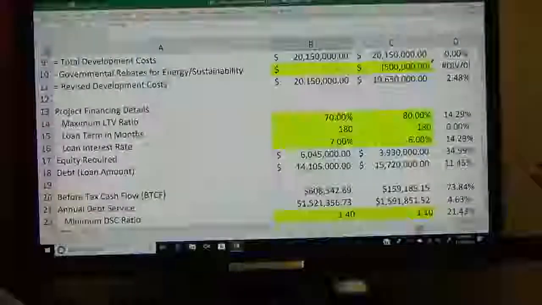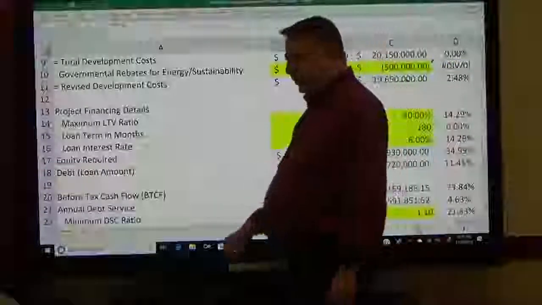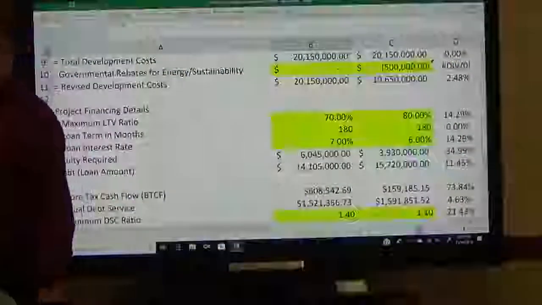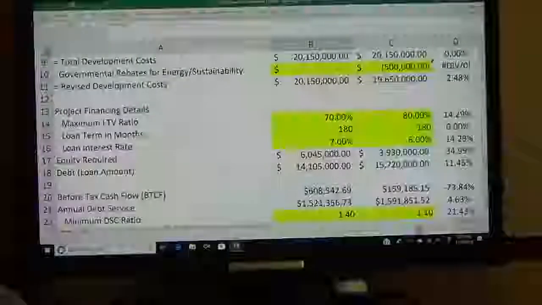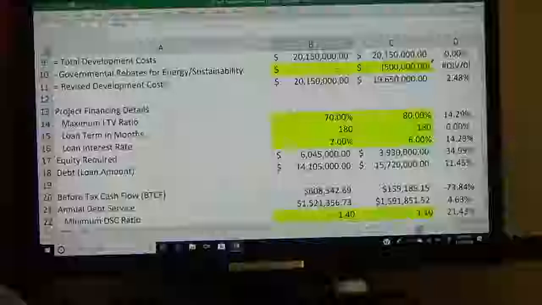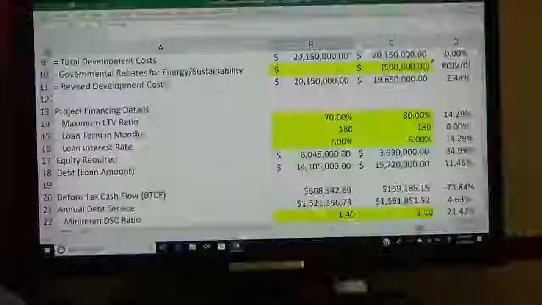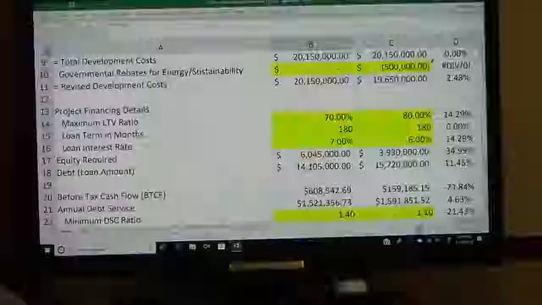All right, now in the market, and I'm going to have you Google this in a second, look around for lenders that do just this. Look for energy efficient lenders. Look for LEED ratings relative to borrowing cost.